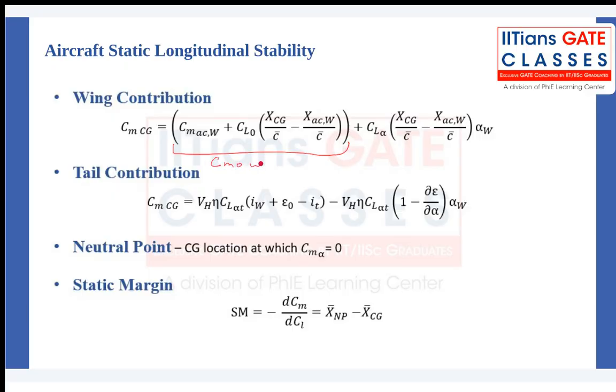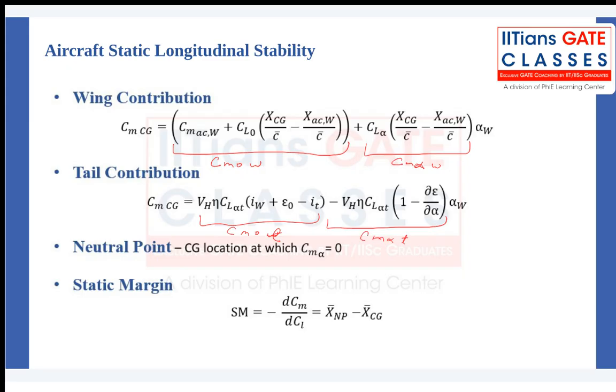This is what they're asking you now, CM alpha of the wing. This is CM naught of the tail, and this entire thing is CM alpha of the tail. So this is what they're asking you for now. CM alpha of the wing.